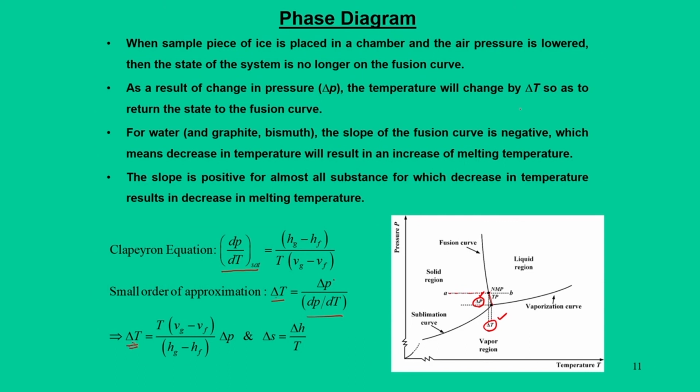And this change in the temperature, delta T, is a function of the specific volume difference and the enthalpy difference, and this occurs at the temperature T, because this phase change process is occurring at a particular temperature.